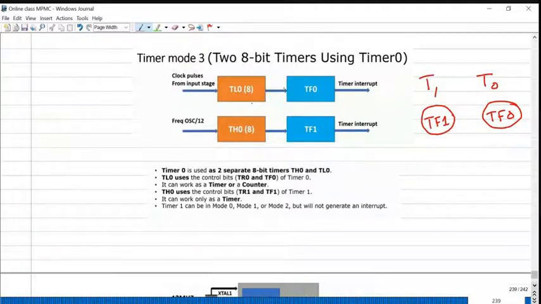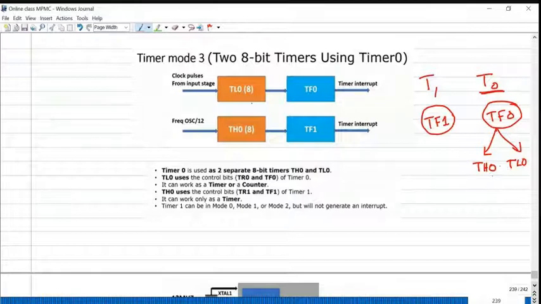In mode 3, timer 0 itself acts as two independent timers, that is TL0 and TH0. Timer 0 itself is two independent timers.